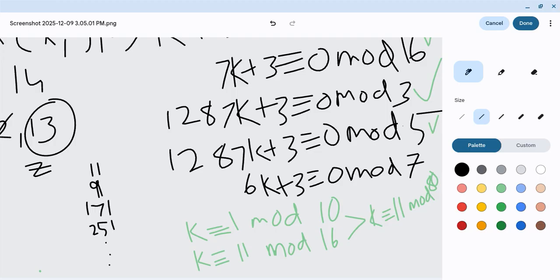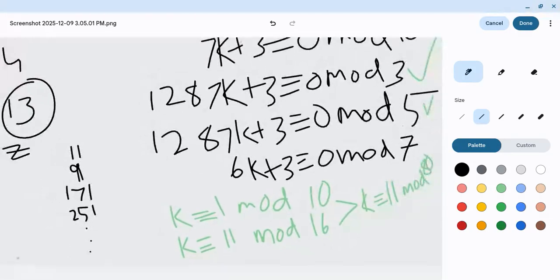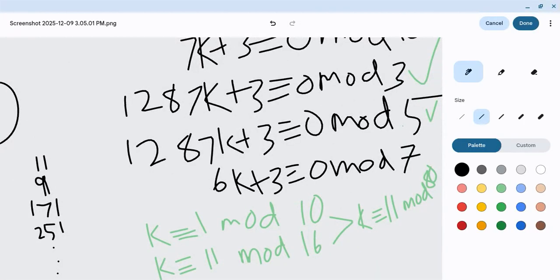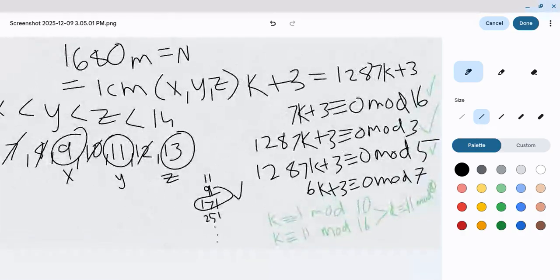If we plug in 11 for k first, then we get 69, which is not divisible by 7, so that's not it. 91 is already divisible by 7, so plugging that in gives you 3, but that's not divisible by 7. 171 is 3 mod 7, so that's like plugging in 3 for k, which gives you 18 plus 3, which is 21, which is divisible by 7. So that means that our smallest value for k is 171.